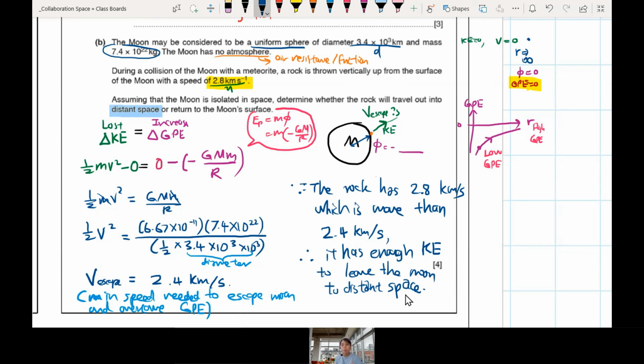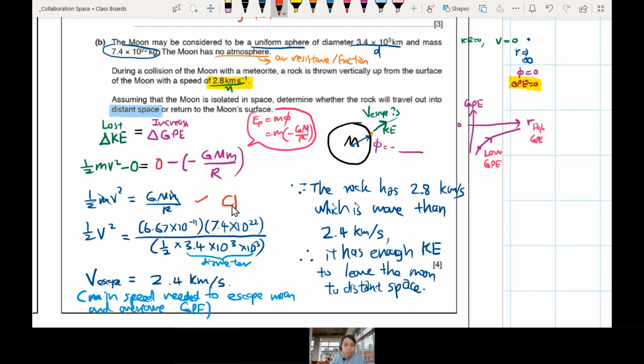So this is one method to compare the velocity. You need at least this velocity to have this amount of energy. So this is a 4-mark question. Wow, quite long. First one is if you equate half mv squared, not mgh, because you are traveling very far now, cannot use mgh already. mgh is only on the surface. Half mv squared equals GMm over r.